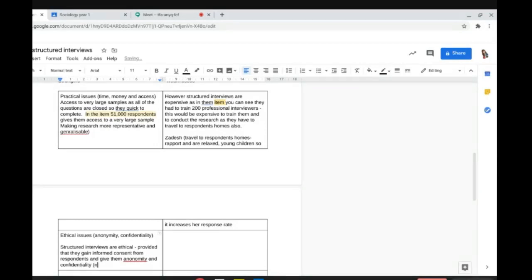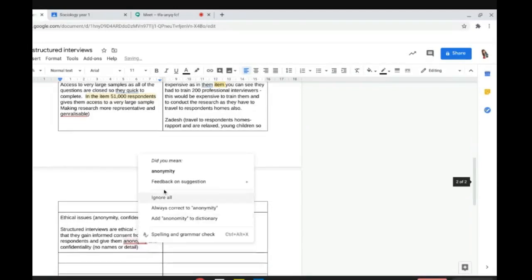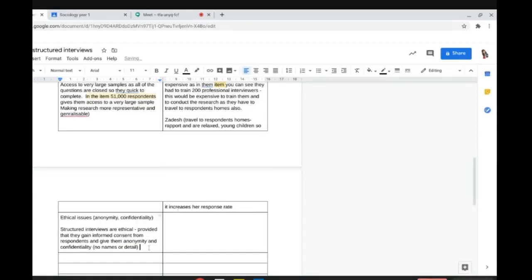So the use of no names or details. So structured interviews are ethical, provided that they gain informed consent from respondents and give them anonymity and confidentiality, no names or details.